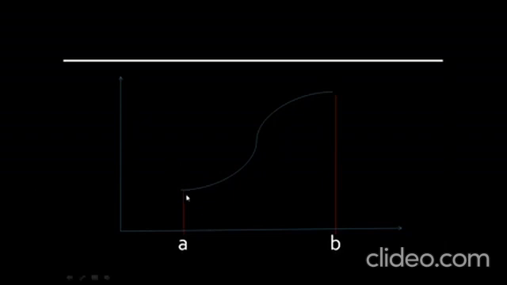Similarly, if I am talking about point B, you can easily see that after point B, the graph is not there. So we cannot take the right hand limit, but we can take the left hand limit because the graph is given on the left hand side.